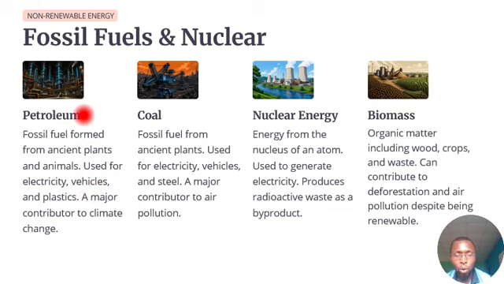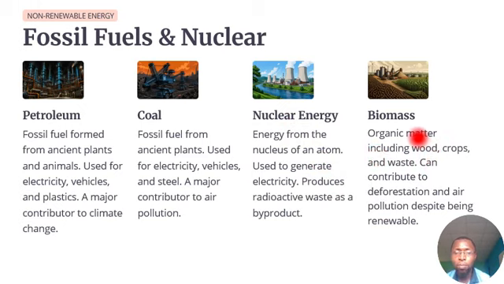We also use it to generate electricity. The same thing applies to coal. Coal too is a fuel obtained from ancient plants, and it is used to generate electricity. Then, as we said earlier, nuclear energy is energy that is obtained from the nucleus of an atom. We also use it to generate electricity.